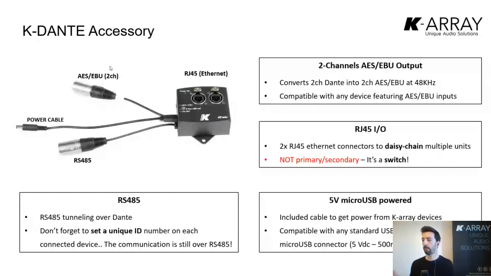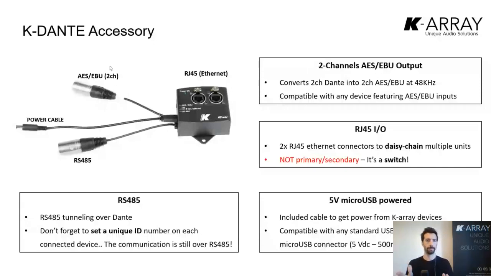A little bit of further information. I think I've told you more or less everything that is written here, except that if you're expert with Dante, sometimes people, when they see that there are two Ethernet ports on the K-Dante accessory, they think there might be kind of a primary and secondary network possibility.